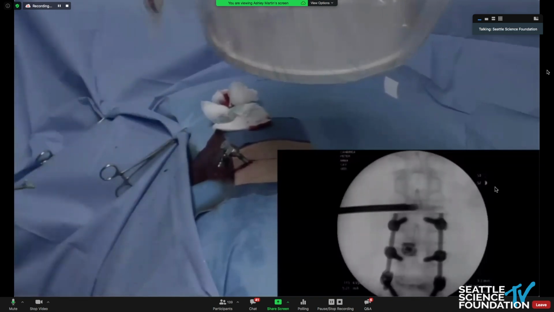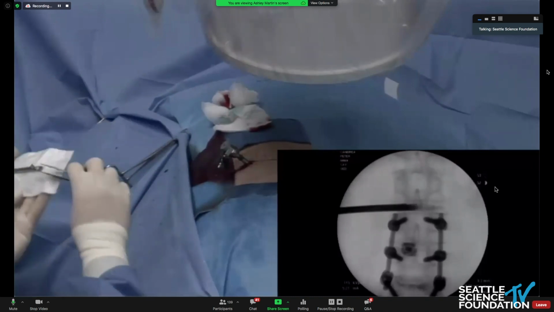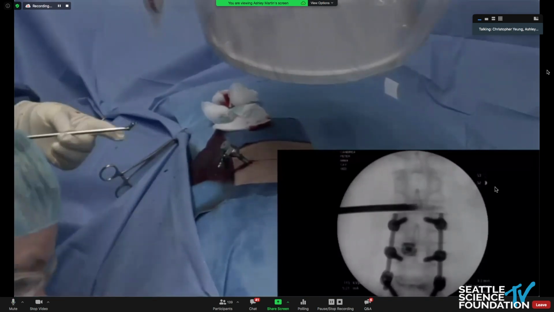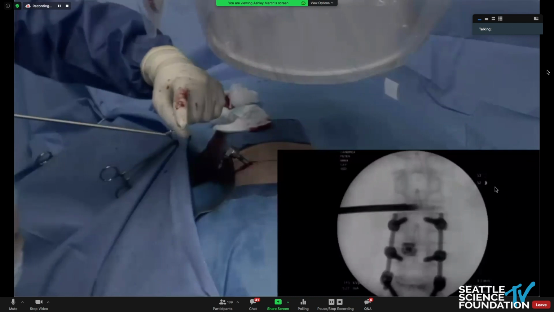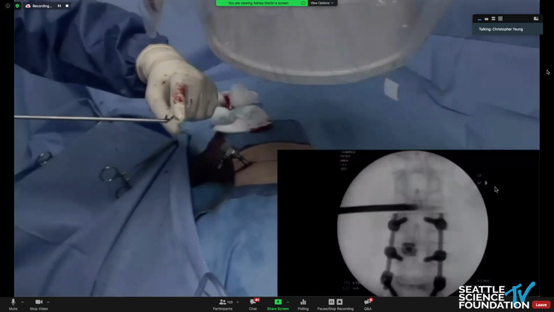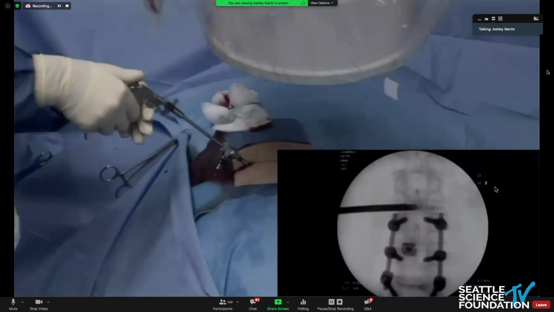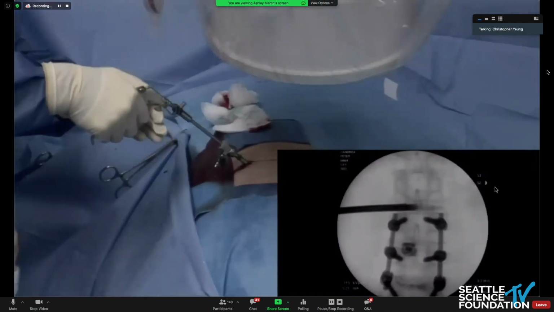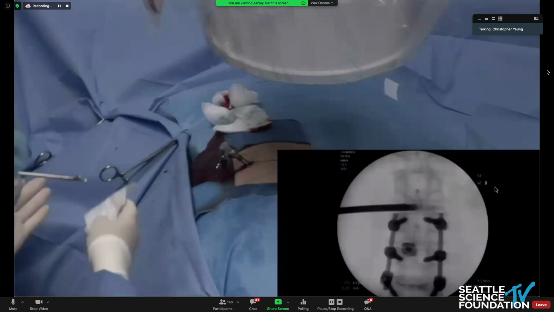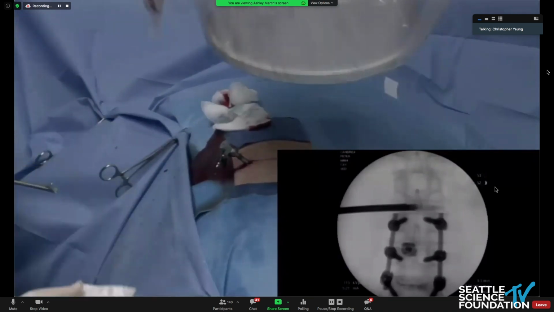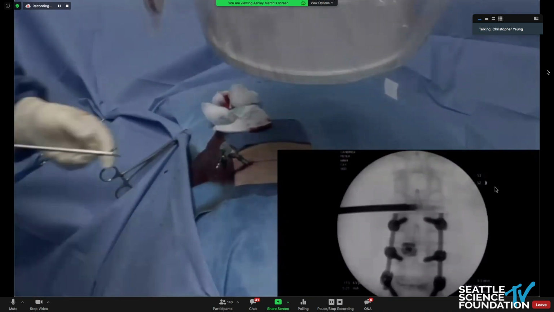So Chris, you're really working within the disc right now, correct? Right at the edge of the disc. So you don't want to place this pituitary all the way through. You want to get it just as it exits the cannula, because you're not trying to do a whole nucleectomy. You're trying to get it at the entry zone, right outside the cannula.